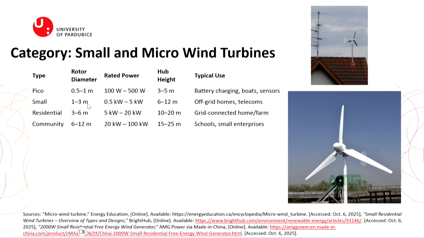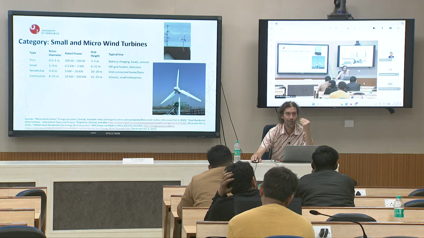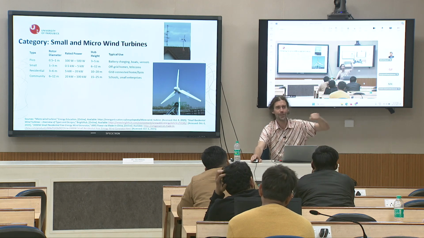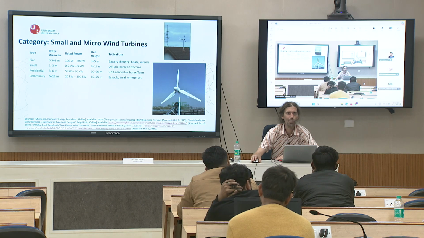Small, 1.32 meters, and the rated power I will not read, hub height 6 to 12, residential 3.6, community, and so on. So it is the smallest one, for homes and so on. Maybe you know this one also, this small one, in the Wild West, when you have some of these turbines, and they have about 10, 12, 14 blades, from Wild West movies, and this one.